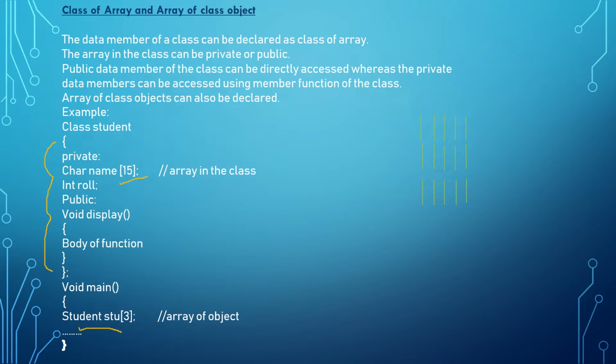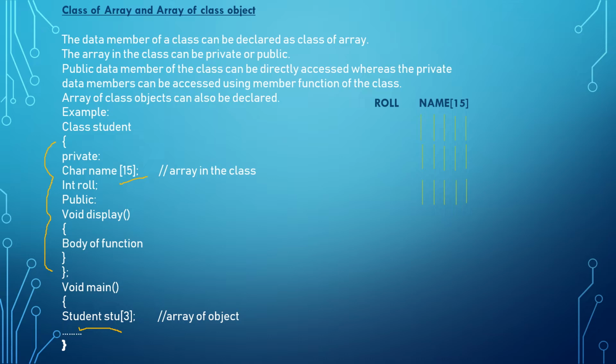In this case, when we use an array with the data member name, we get two data members, one is roll and the other is name. In name we will have the same type of data, that is characters, which we can have less than 15.